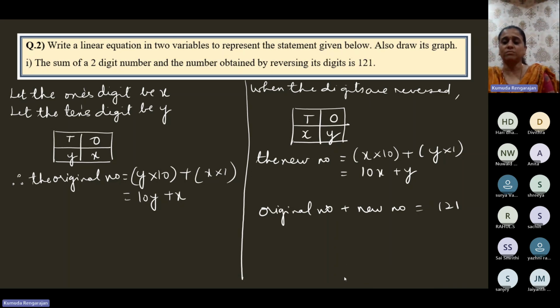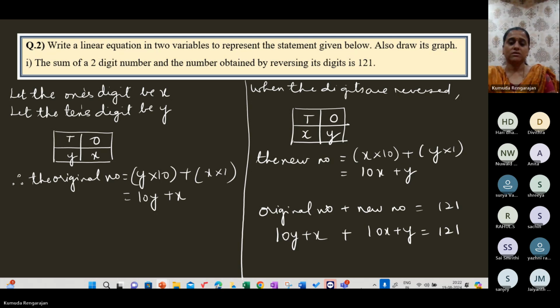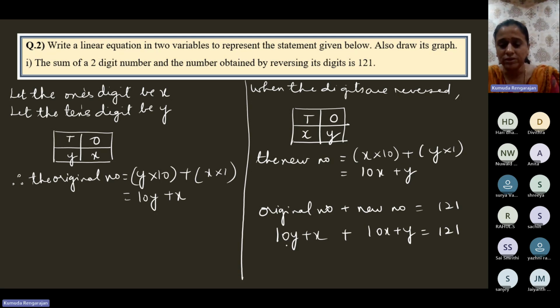What's the expression for the original number? 10y plus x. What's the expression for the new number? 10x plus y. So 10y plus x plus 10x plus y is equal to 121. Now x plus 10x is 11x, and 10y plus y is 11y, equal to 121.